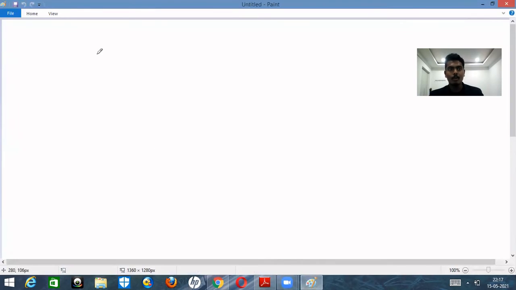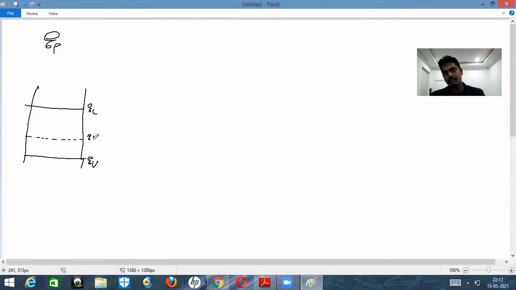They are asking what is the shift in Fermi level. When we consider this one, this will be EC and let us suppose this is EV. The intrinsic Fermi level will be this one in the middle, EFI. This thing will be here, the Fermi level in case of n-type semiconductor.